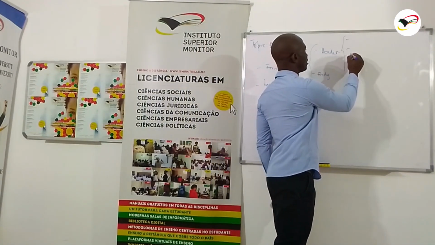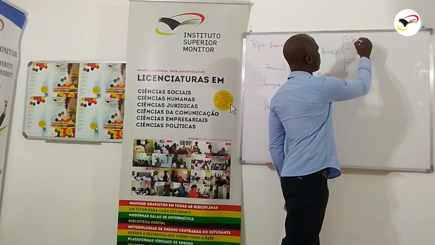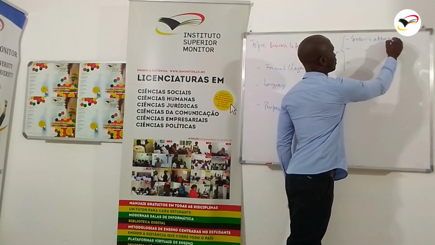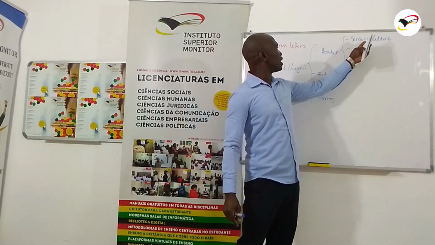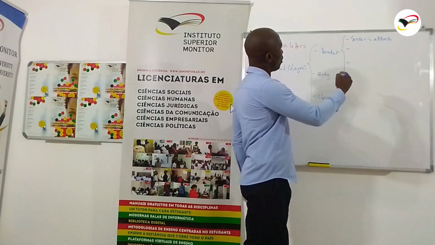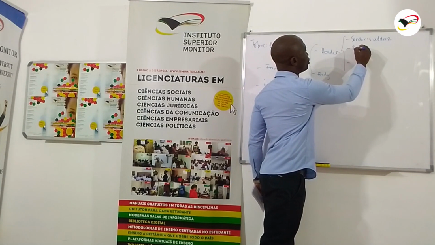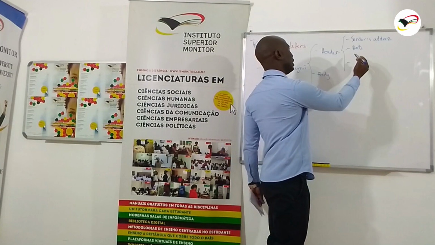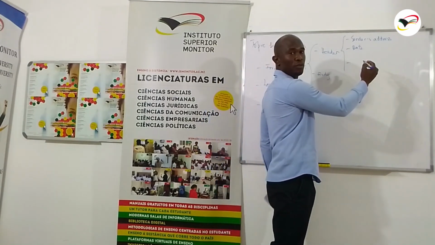The header comprises the sender's address. We put the sender's address at the top on the right hand corner, followed by date. Since a business letter language is formal, we have to put the date in full.